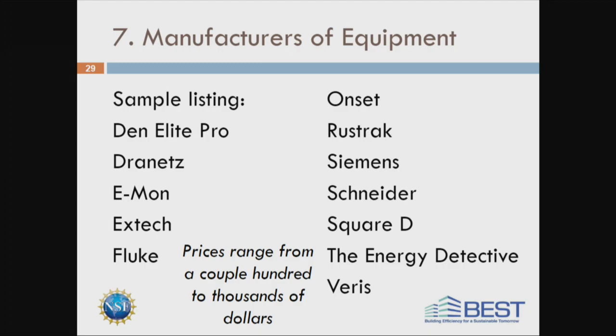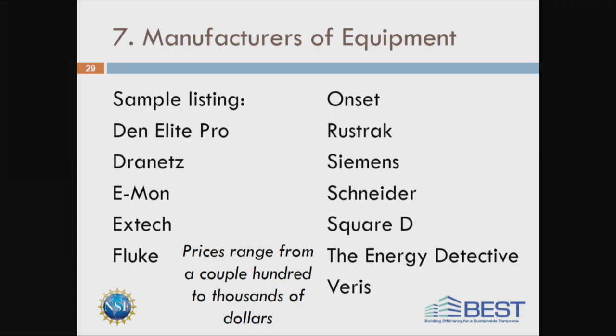There's a lot of manufacturers of different types of equipment out there: Dent Elite Pro, Dranetz, and I had bought some Dranetz and used those over the years. Onset has some, Fluke has it, Emon, Rush Track, Siemens, Schneider, Square D, and there's a company called TED, the Energy Detective.